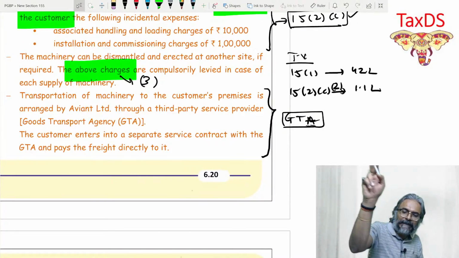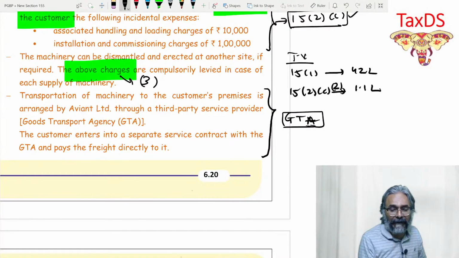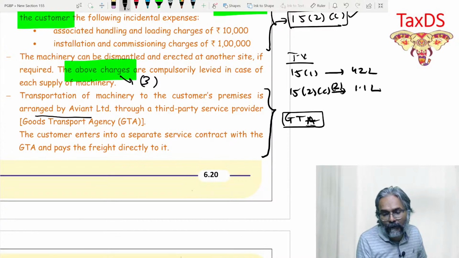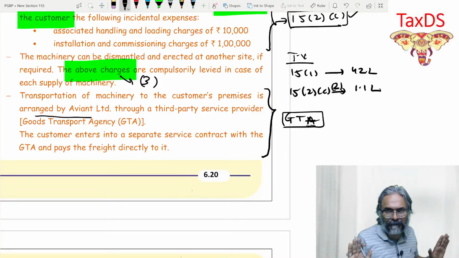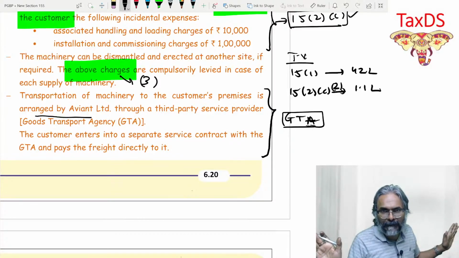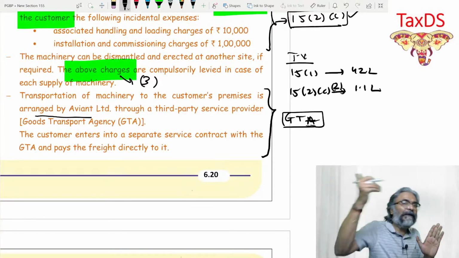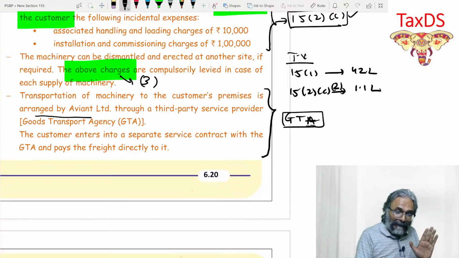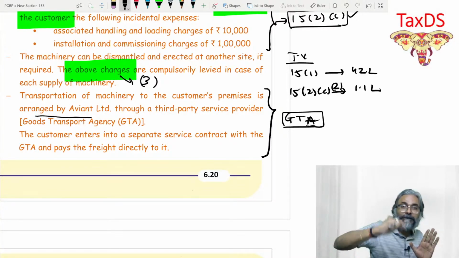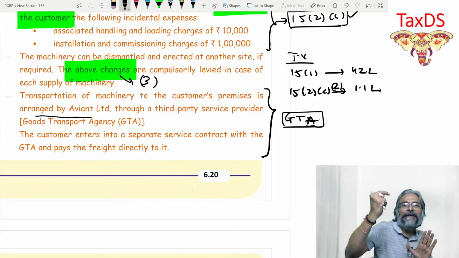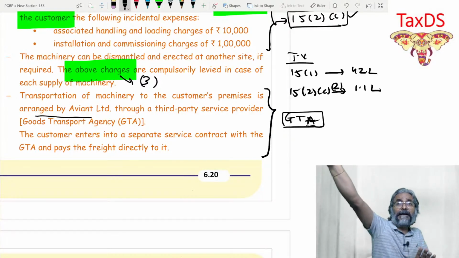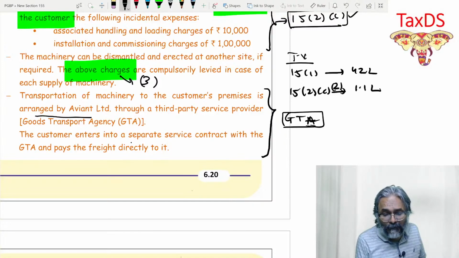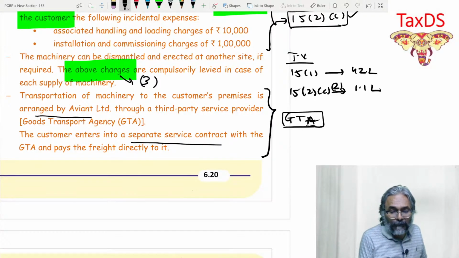Transportation of machinery to customer premises is arranged by Avient. So it is arranged by Avient through a third party, which is GTA. Means I am not providing transportation to the customer location. Be very clear about that. Although I am arranging it, that arrangement is not a contractual arrangement between me and GTA. I am merely arranging it. The GTA will do a separate service contract with whom?